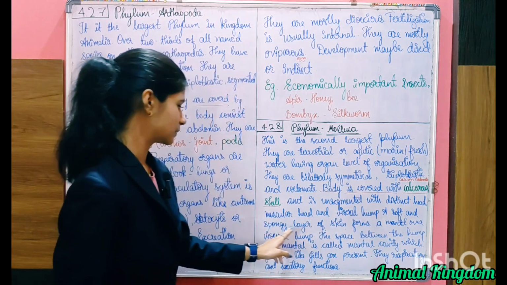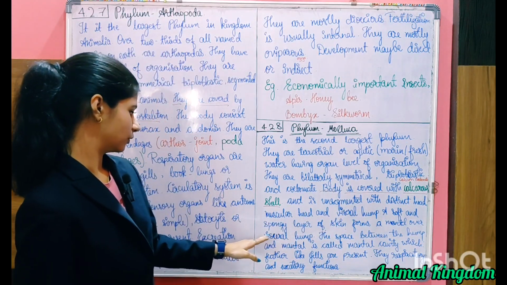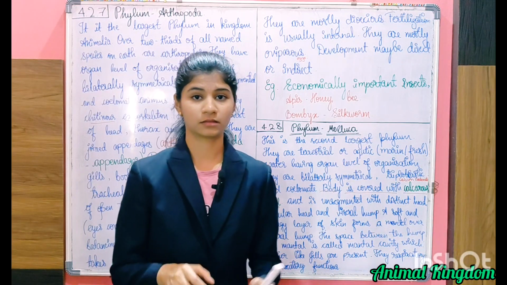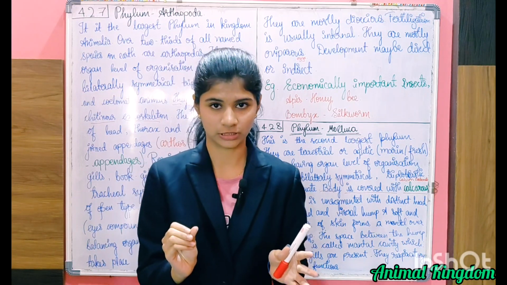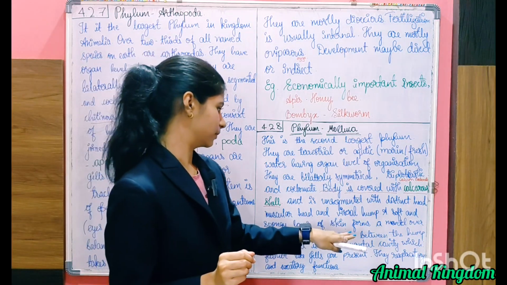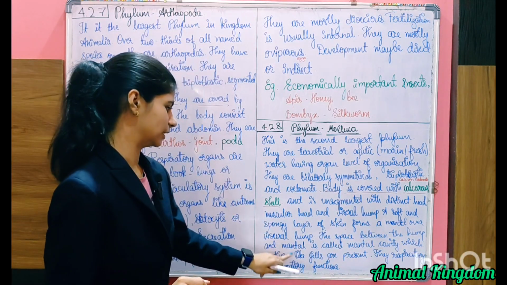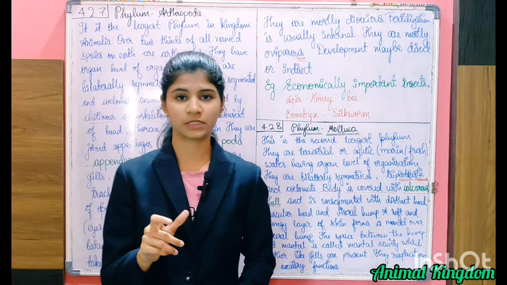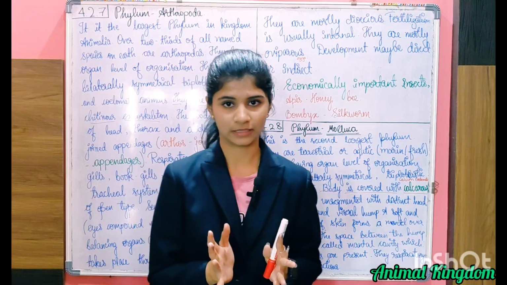Now, a soft and spongy layer of skin forms a mantle over the visceral hump. The space between the hump and the mantle is known as the mantle cavity.